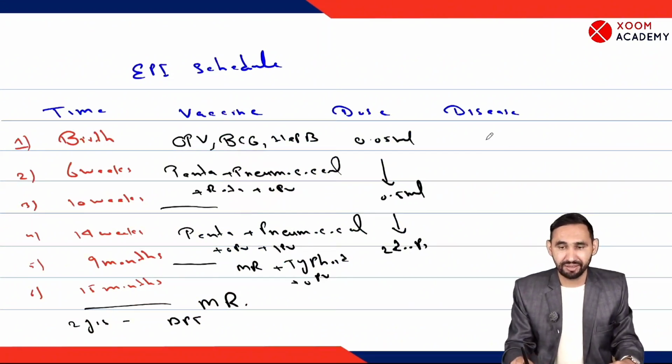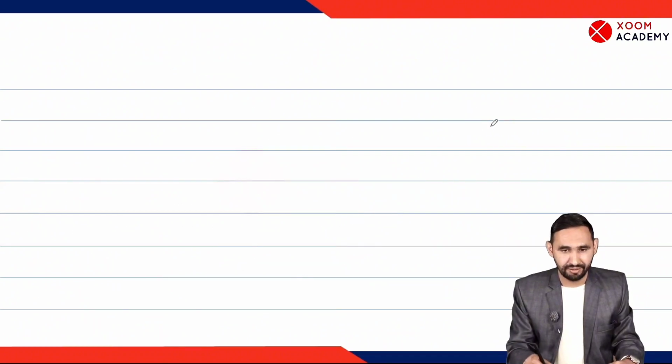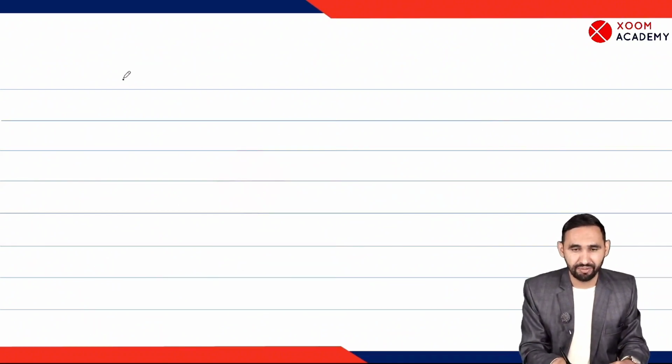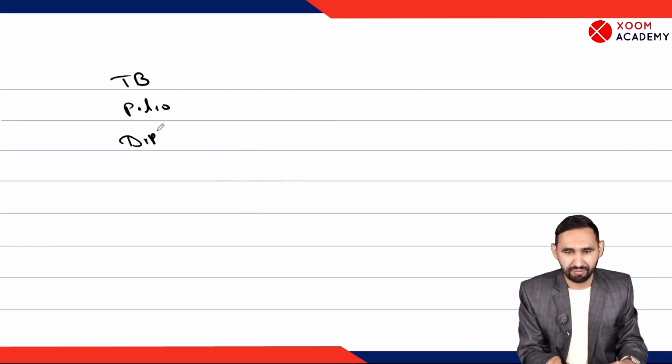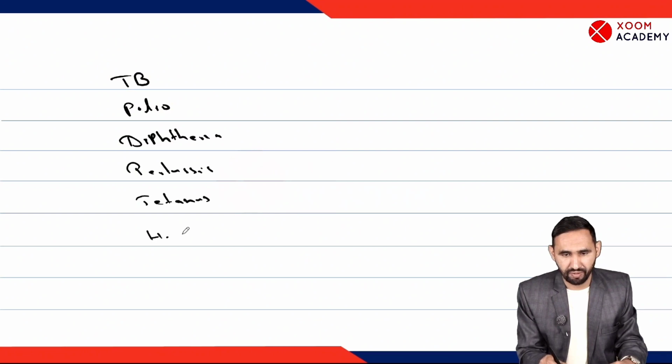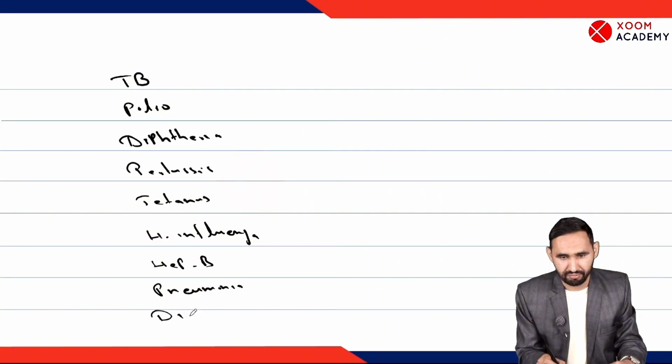And we have already discussed the diseases. BCG provides immunity against TB. Oral polio vaccine provides immunity against polio. There is immunity against diphtheria, pertussis, tetanus, Haemophilus influenzae, hepatitis B, pneumonia, diarrhea, measles, rubella, and typhoid.